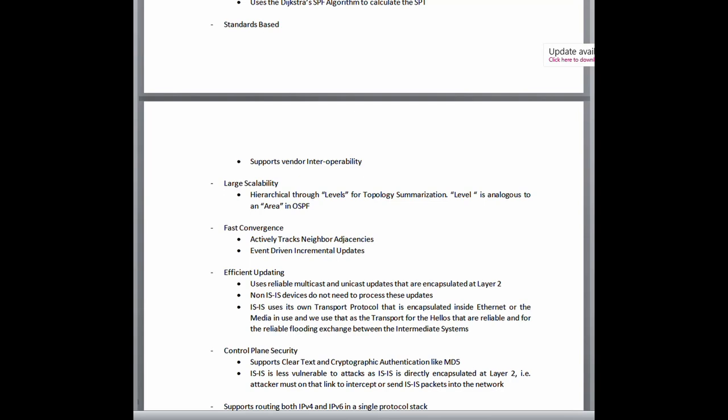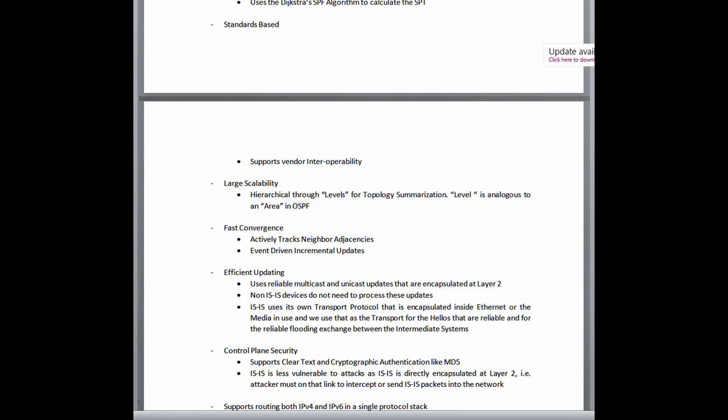So ISIS carries IP or CLNP routing information as a payload in its own packets. ISIS encapsulates its packets, or PDUs as we call them in ISIS terminology, directly in the data link header. It also offers control plane security, i.e. it supports clear text and cryptographic authentication like MD5.